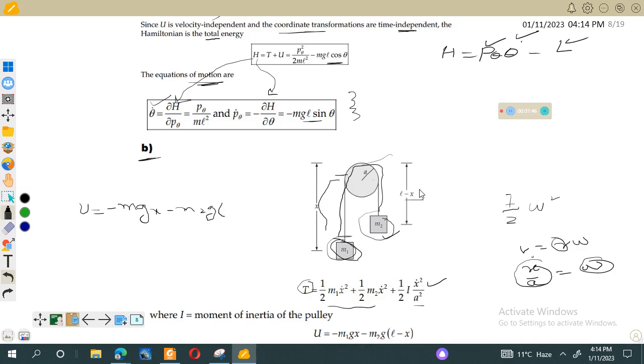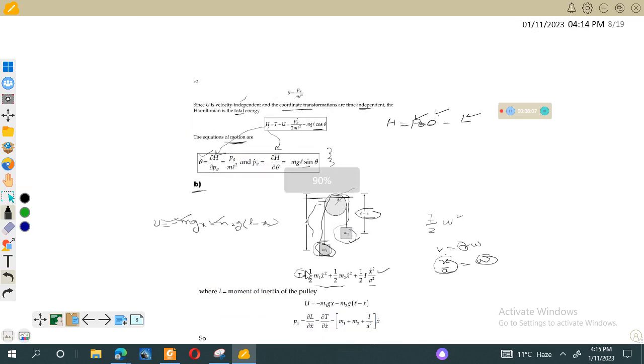So height is, you know, L minus x for the second. And why is this minus sign placed? Because below the reference we have negative y direction, and above the reference we have plus y direction. So we have placed negative sign with potential energy for the first block, and similarly for the second block.